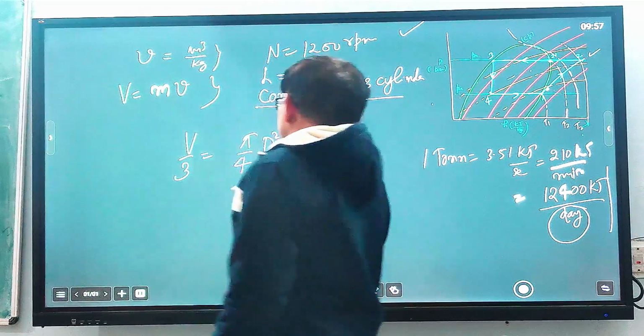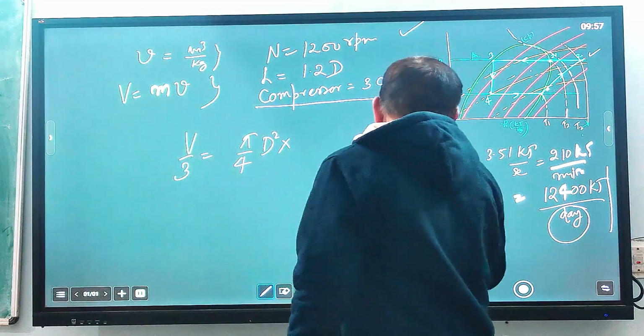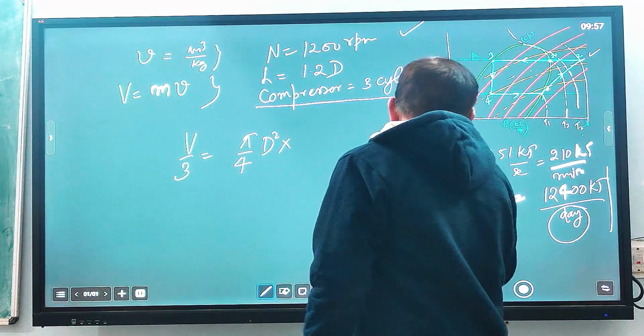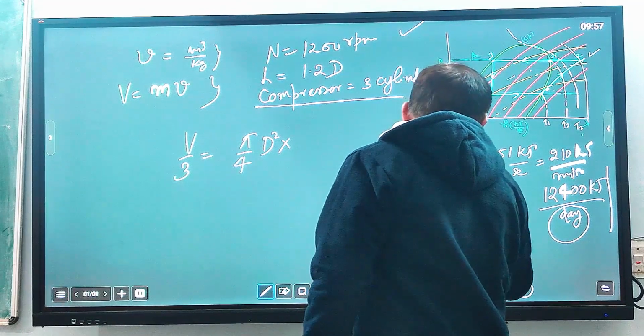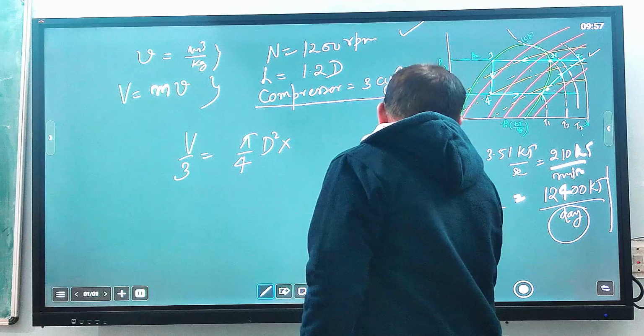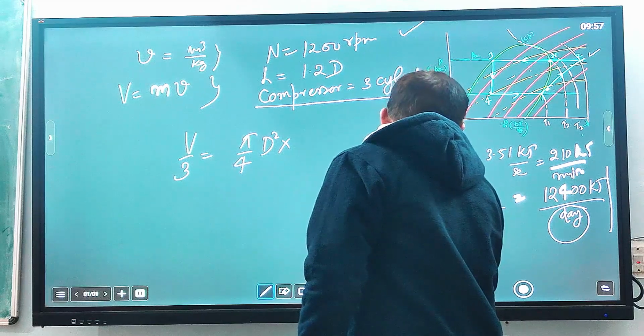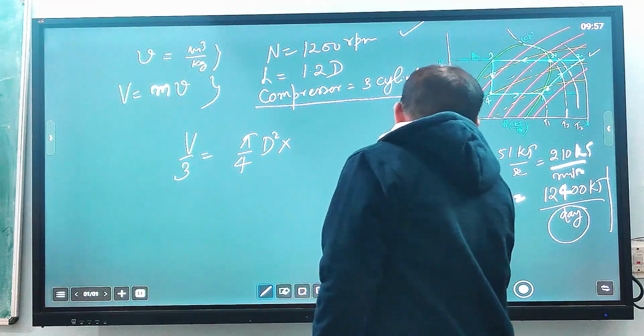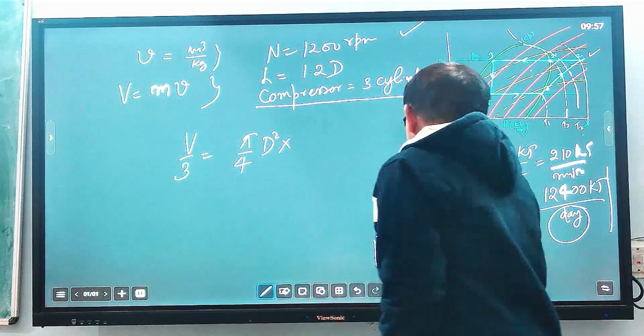This is the area of the cylinder; suppose this is a cylinder and this is a piston, and this is the stroke, the maximum displacement from here to here. This is the stroke length L, which is 1.2d, and this is the diameter of the cylinder.